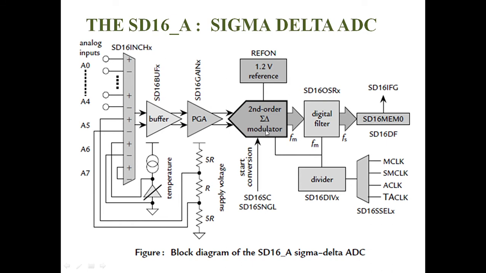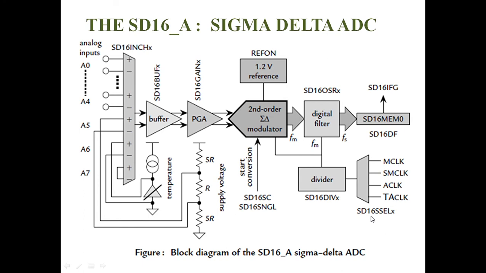Here the conversion is started by using the Sigma Delta 16-bit start conversion. At the same time, it takes the voltage reference from the external reference voltage, that is 1.2 volts reference voltage, by giving 1 to the reference voltage on bit. Then after converting, it is clocked from any one of the internal clocks.